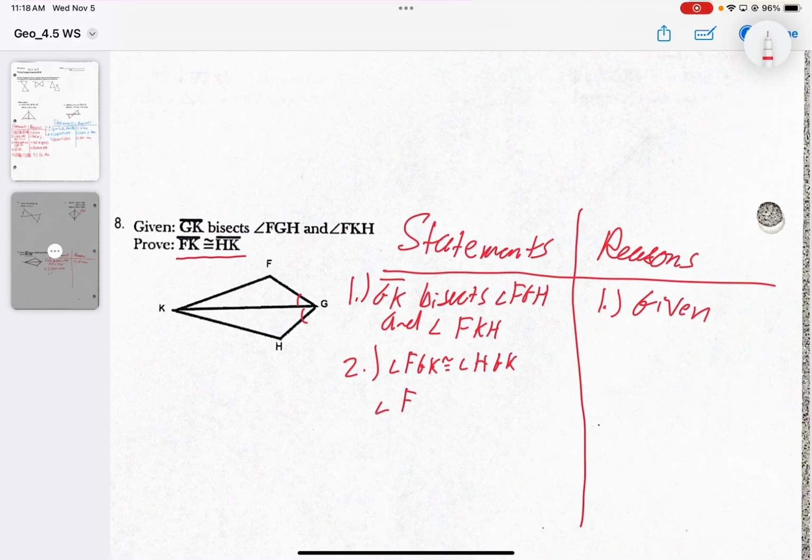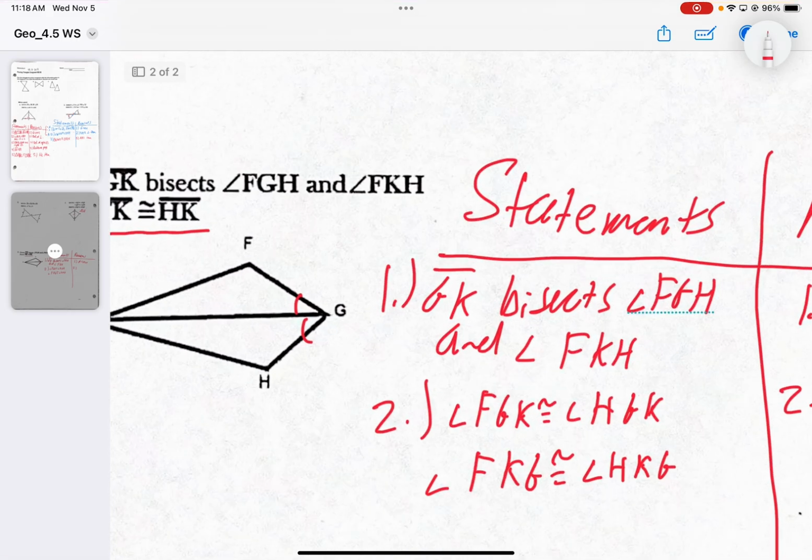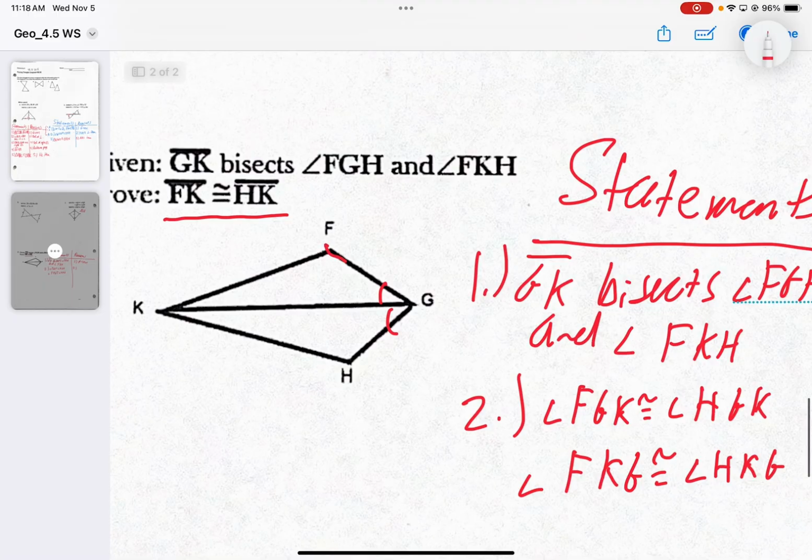Good. So then the other side, right? Angle FKG is congruent to angle HKG. If you struggle with how to pick that out, it tells you that the segment is bisecting the angle. So go to the angle FGH, which is here, and realize that's being cut in half. That's why those two pieces are congruent.